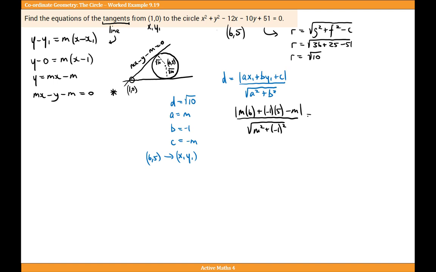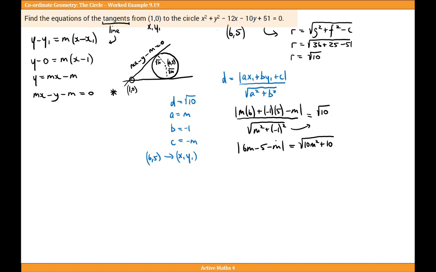The perpendicular distance from the center to the equation line is equal to the radius, which is root 10. So in the modulus I have 6m minus 5 minus m. I'm going to multiply up by this root of m squared plus 1. So I get the root of m squared plus 1 times root 10, which is 10m squared plus 10.